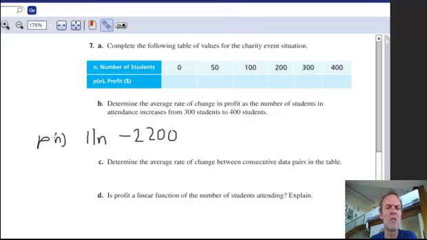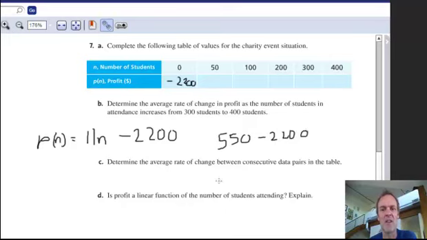We're going to use this equation to find out, if no students showed up, you've just lost $2,200, because when n is 0, it's just minus 2,200. When n is 50, what's 11 times 50? I think that's 550. So if 50 students show up, you'll get $550, but still less $2,200. You're still making a loss here.